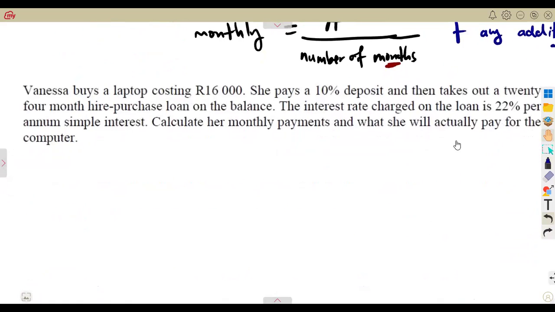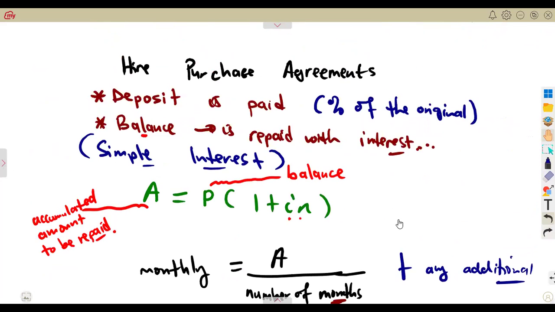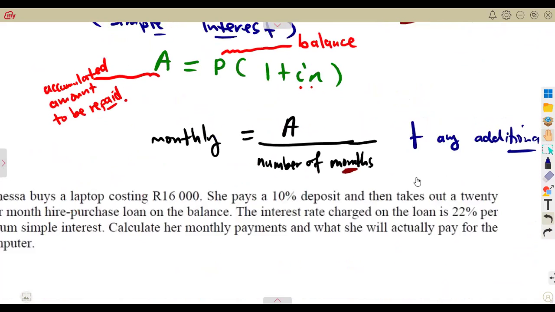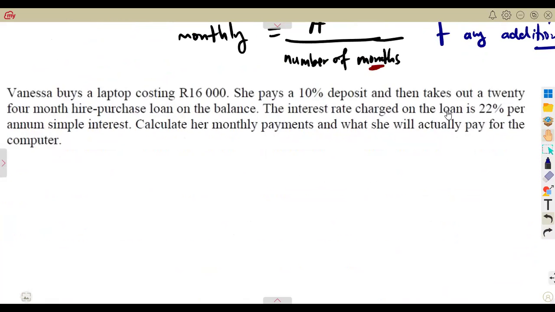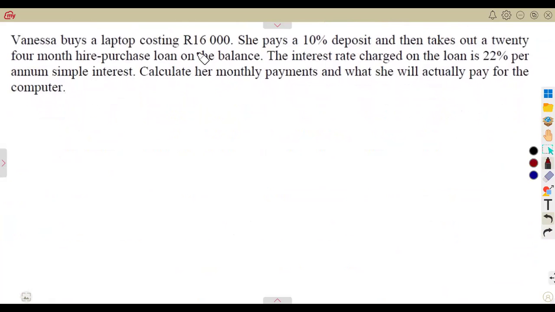So these are the typical questions. Just as a summary, you need a deposit, a balance, then the amount that has accumulated over the number of years you're given. In this question, Vanessa buys a laptop costing 16,000 Rand. She pays a 10% deposit and then takes out a 24 month hire purchase loan on the balance.